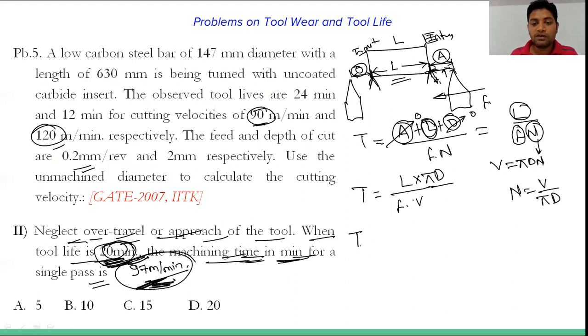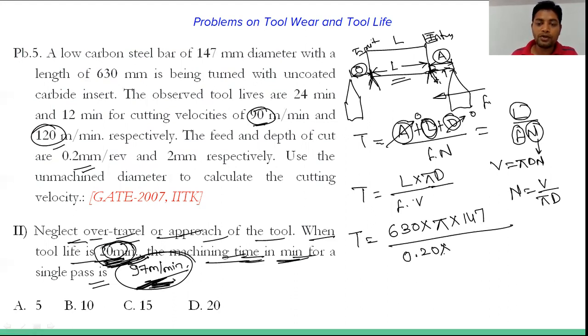So this T will be equal to L, that is 630. I'm keeping all the values in mm only, so this will be 630 into pi into D. D will be 147, already in mm. The feed is 0.20 mm per revolution, and V is 97 meters, so we convert it to mm, which is 10 to the power 3.